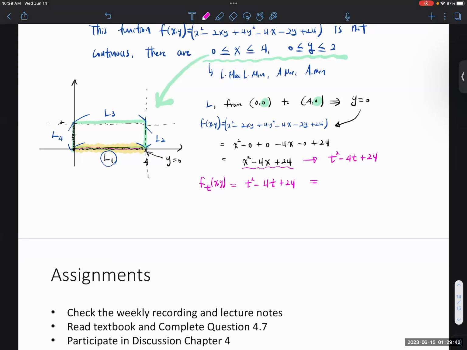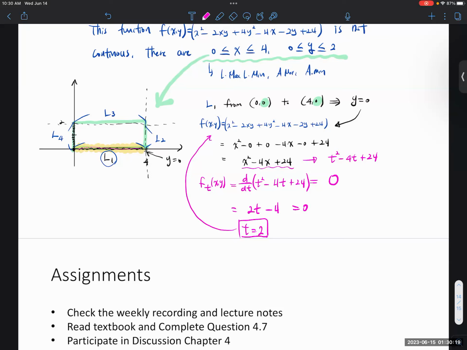We take the derivative with respect to t: d over dt, so 2t minus 4 equal to 0. So t equal to 2. I want to find out the value of this function, so you're going to plug it back in.